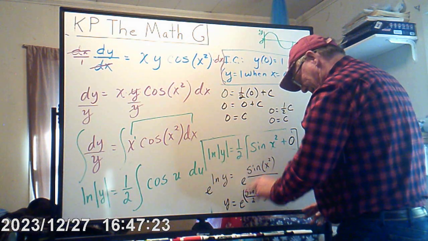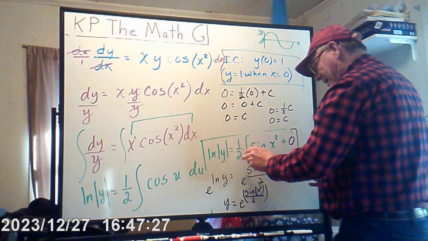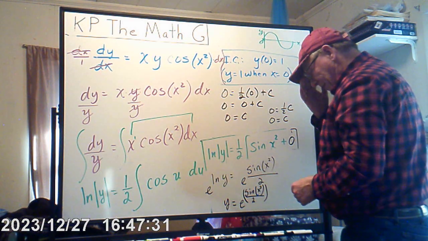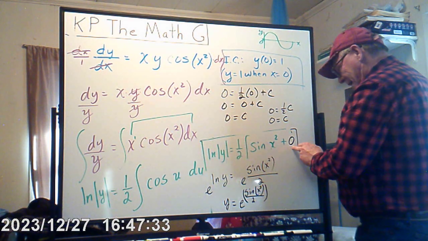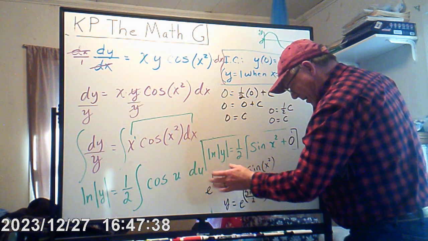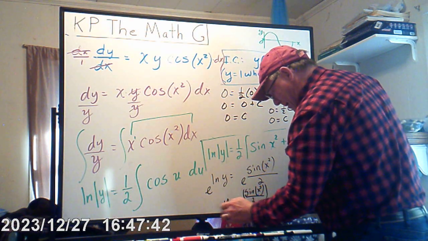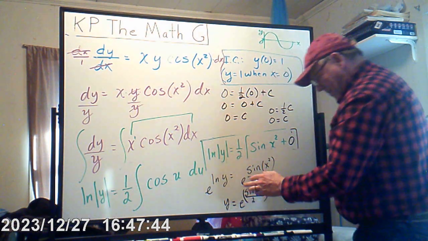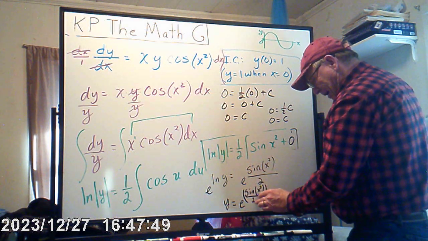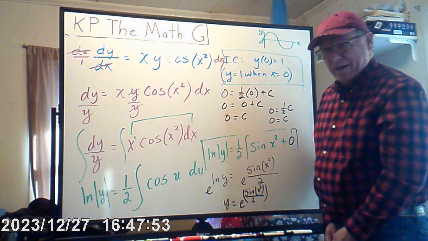Do not get down to this, start right here, plug in the x and the y values right here, and that makes life a little simpler. We found that c was 0. Then e to the ln y, since this was just ln y here, e to the ln y is just y, and then e raised to the sine x squared over 2 right here. Remember, this is all an exponent right here.